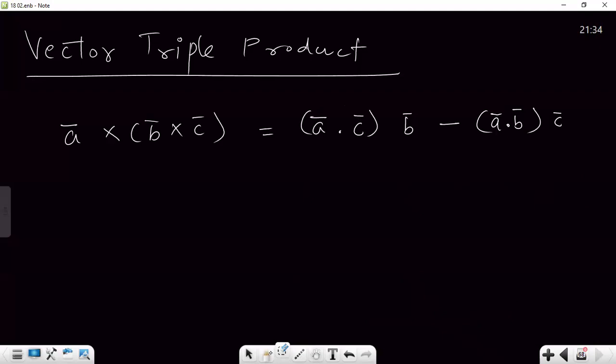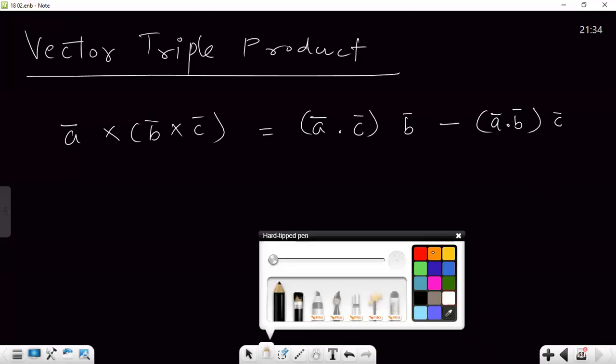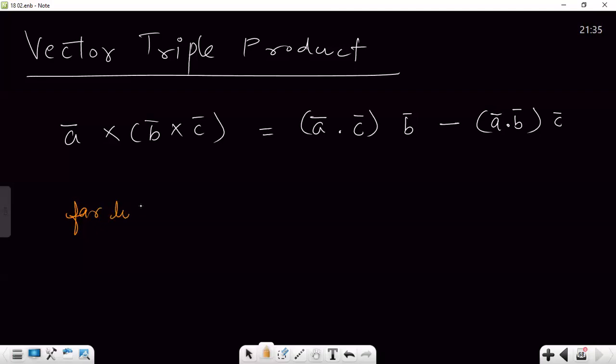Okay. Trick to remember. We are going from far to close. So first we will write A dot C. Far. And then whatever is remaining. Then minus, and then close.